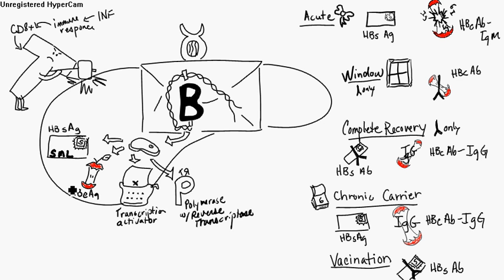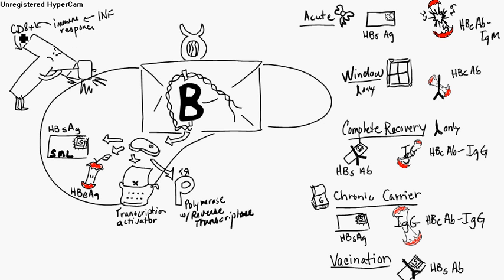It replicates through RNA intermediates. It resists freezing, heating, and low pH. But what also happens is, in these infected cells, you've got interferon production, IFN, and it makes an immune response.